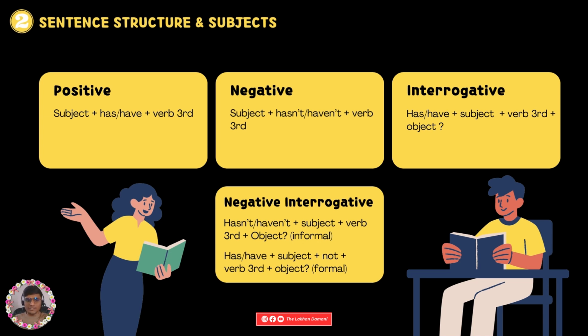Positive sentences start with the subject. Has and have are the helping verbs of the present perfect tense. So, she has cooked dinner. She has driven a car. Third form. I was saying drove, which is wrong, because we have to use the third form.